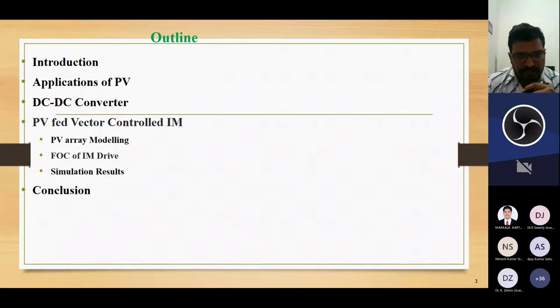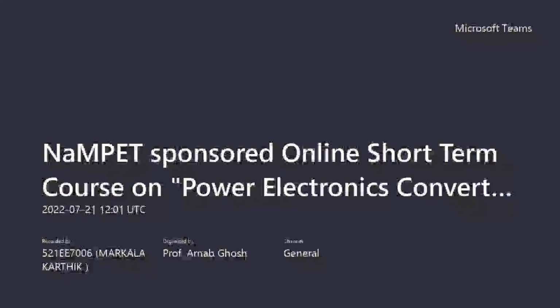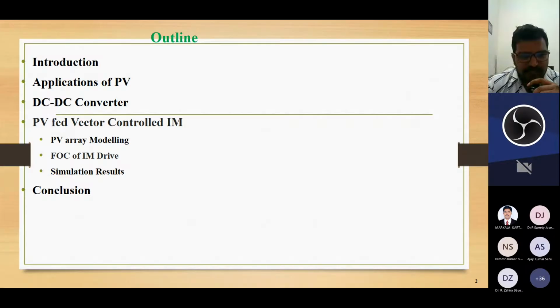in the further slides. In the PV fed vector control induction motor drive, generally we will have a PV panel, and the power is supplied to the boost converter to get the maximum power with the help of the MPPT technique. The power from the PV system is going to change according to the insolation level, or irradiation level, and temperature levels.